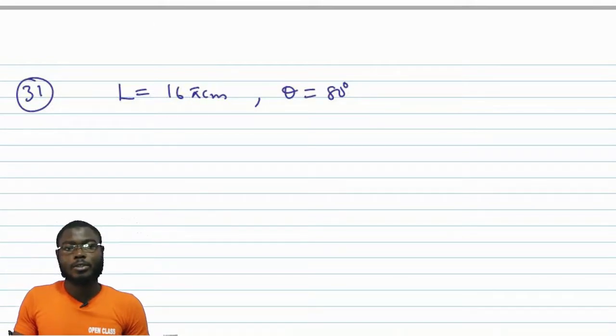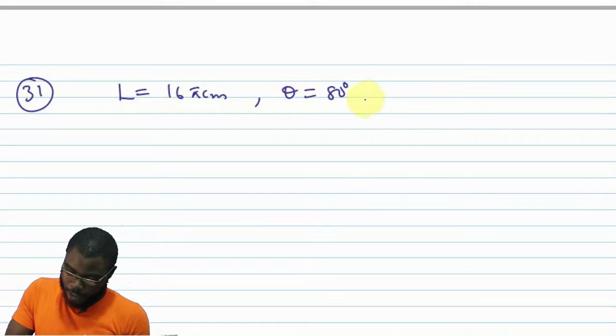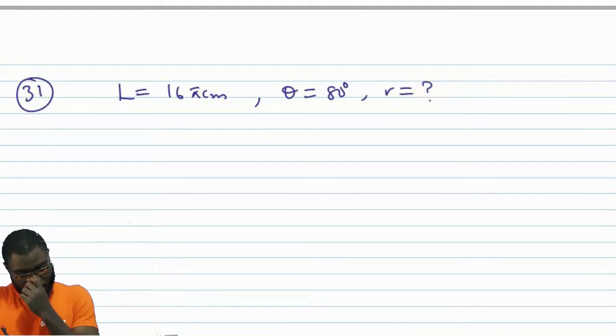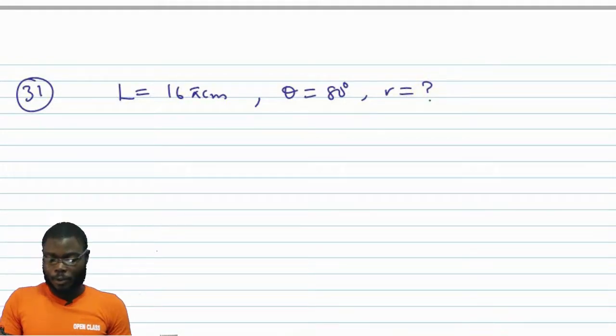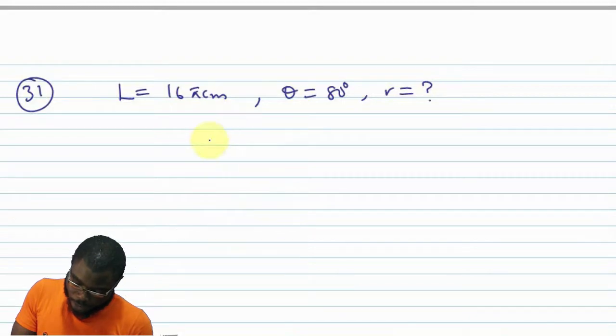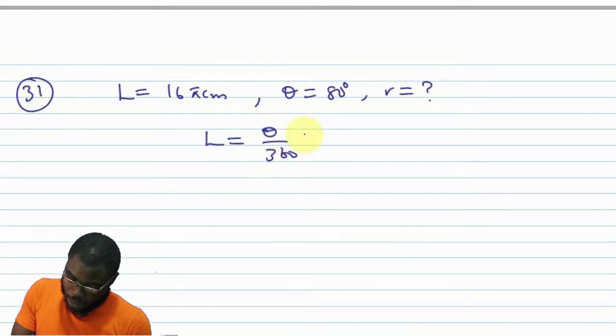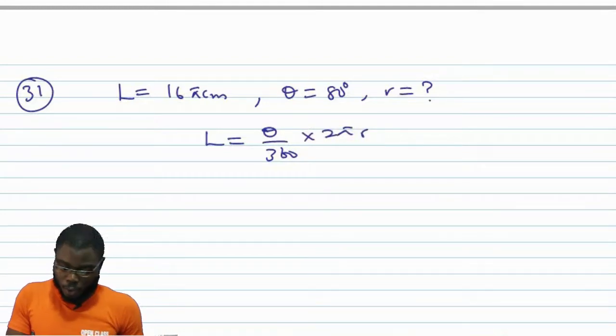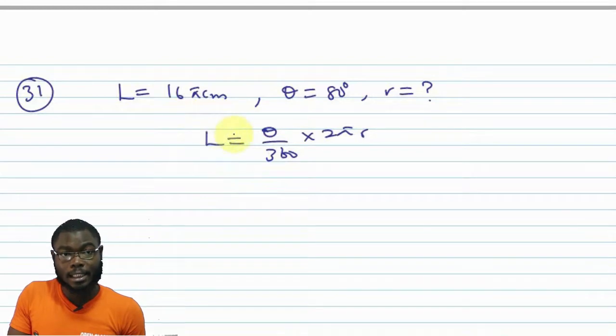Find the radius of the circle. So we're given the length of the arc and the angle subtended, and we have to calculate the radius. So the length of the arc equals theta over 360 times 2 pi r. The length of the arc is 16 pi.